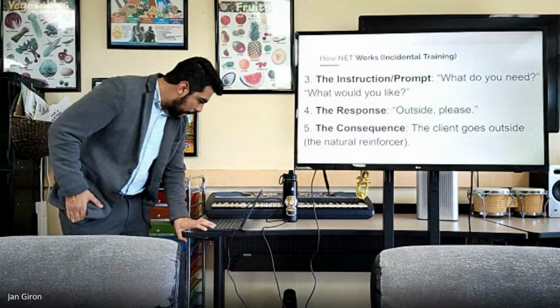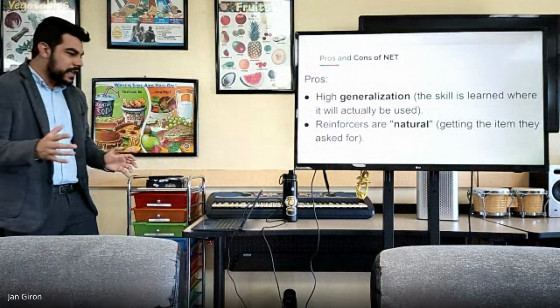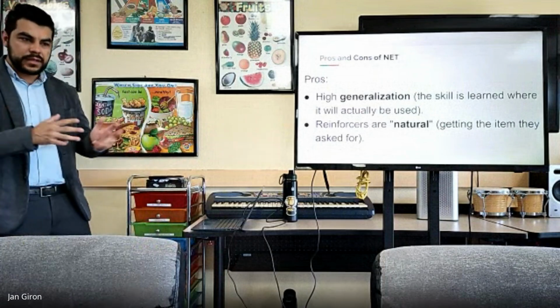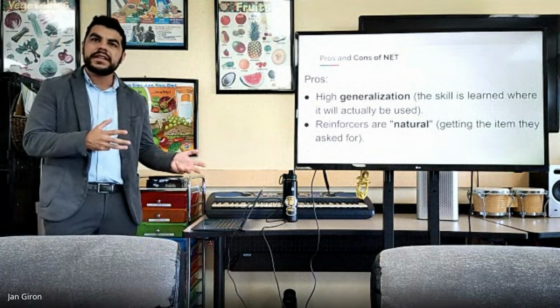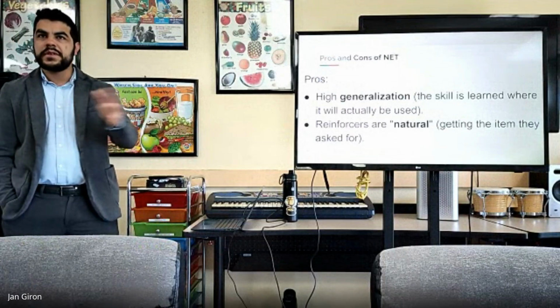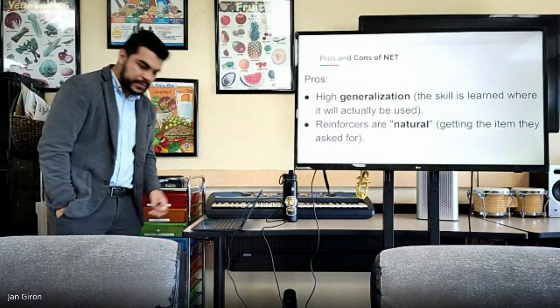So that is how it works. And I would say for the vast majority of interactions we have, main learning opportunities, they're going to fall under NET. We're going to follow the client's lead in this, and there will be opportunities for DTT, but those would be much more contrived. So pros.